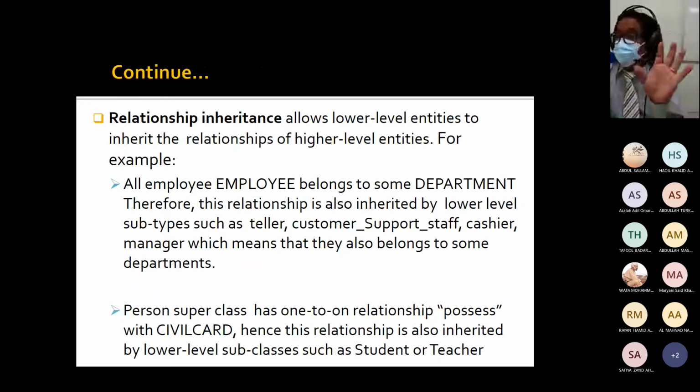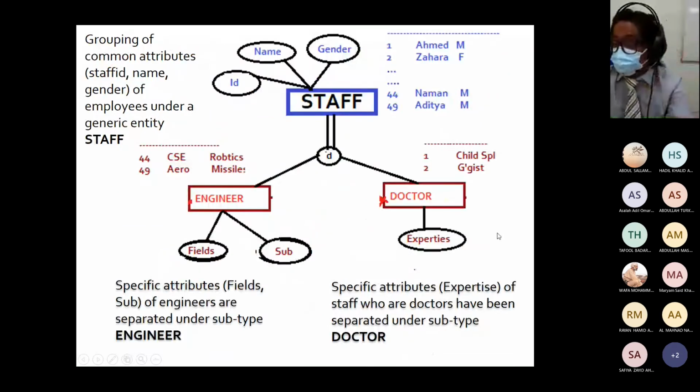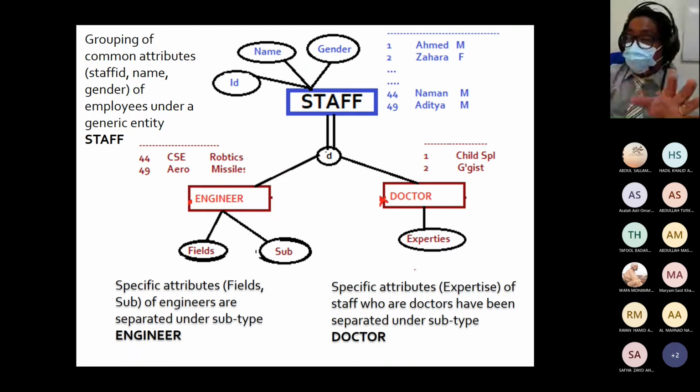We'll see that example later, because for now you are only seeing this quite shallow. But suppose this staff has a relationship to another entity, which is department. That can also be possible within our EER.